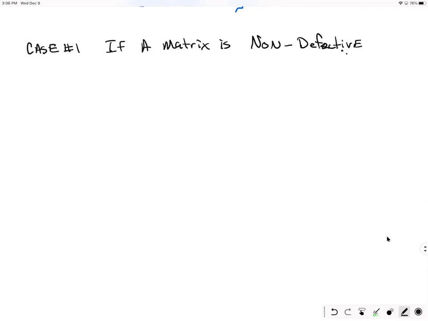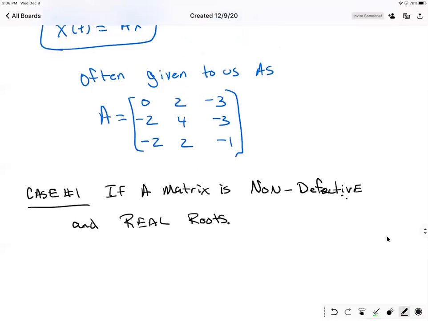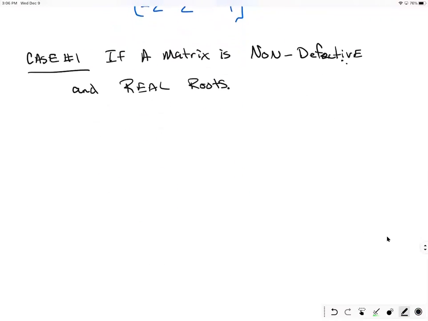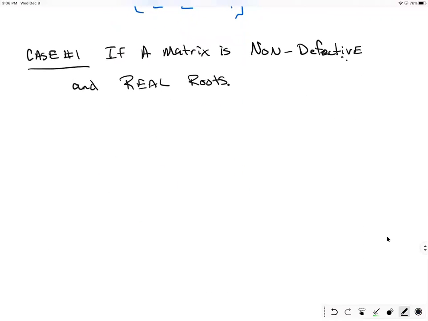Remember, non-defective means there is a complete set of eigenvalues and eigenvectors. So case 1, if we have non-defective matrix A and we have real roots. So our eigenvalues are real.